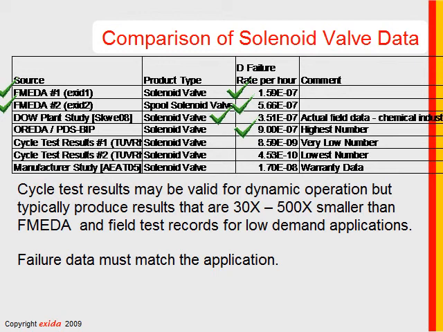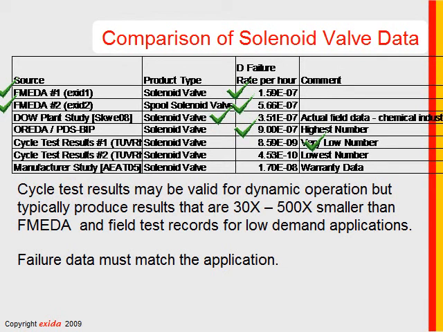In any case, we see a set of numbers that vary roughly between 1.5 and 9 times e to the minus 7, all roughly within one order of magnitude. Cycle test results provide much lower numbers. In one set of cycle test results, let's say 9 times 10 to the minus 9 was published.